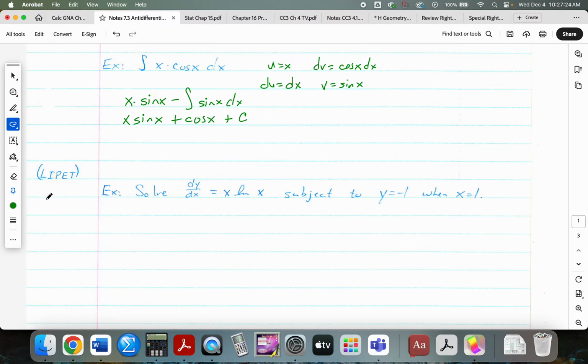The acronym LIPET, where L is for logarithm, I is for inverse, P is for polynomial, E is for exponential, and T is for trig.